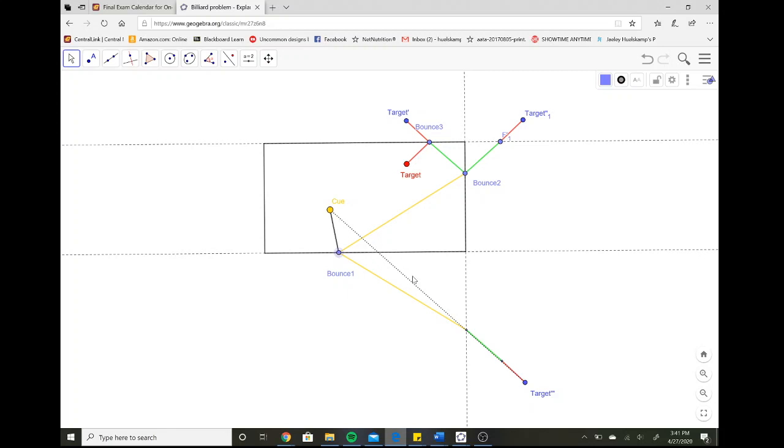And that theorem states that the sum of the two shortest sides of a triangle must be greater than the longest side. So the two shortest sides is this black one and then the yellow one. So the sum of those two must be longer than the dotted one. And overall, this just shows that this new path is going to be longer than the other one. So we know our reflection method gives us also the shortest path.